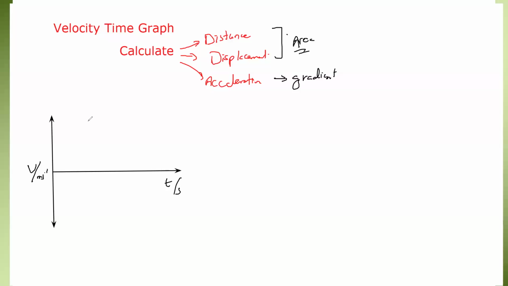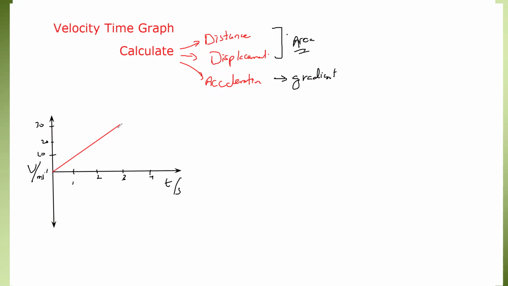And this is the graph for us. The question is to calculate the distance traveled or find the displacement. On the time axis the labels are 1, 2, 3, 4, and on the velocity axis, for example, 10, 20, and 30.